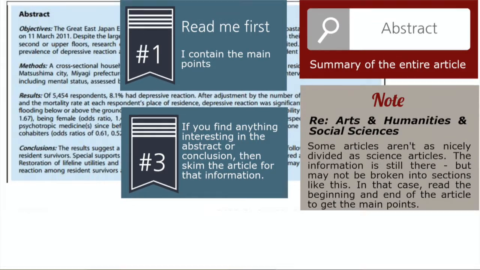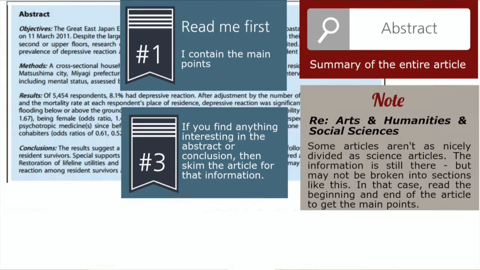And the first thing that you do when you are reading an article, when you are looking at what to read, is that you read something called an abstract. And the abstract will contain the main points, the main argument, and the abstract will almost always include a list of key words.